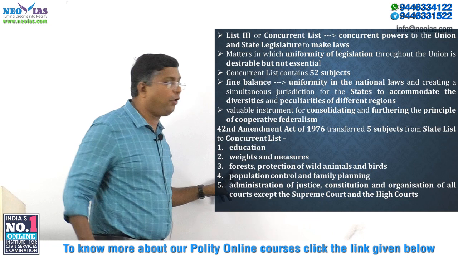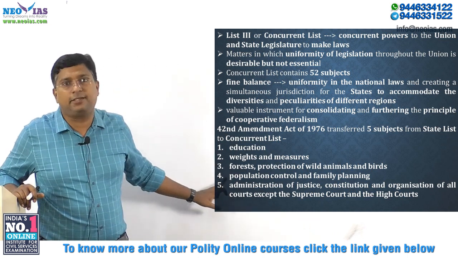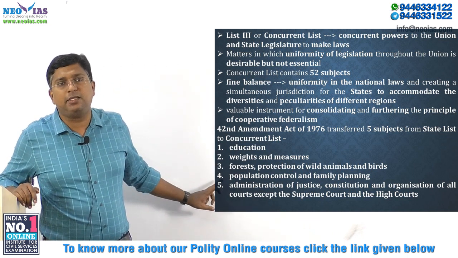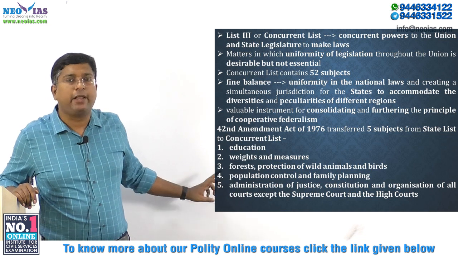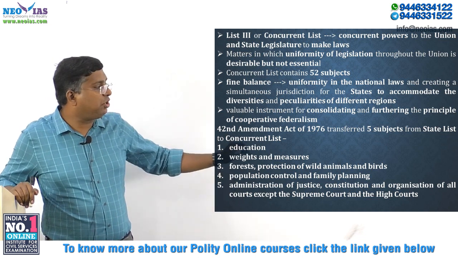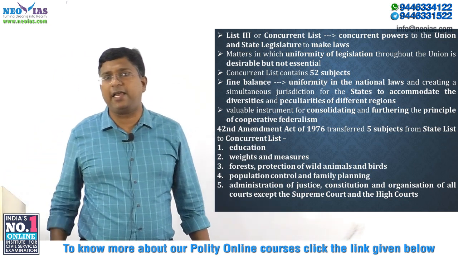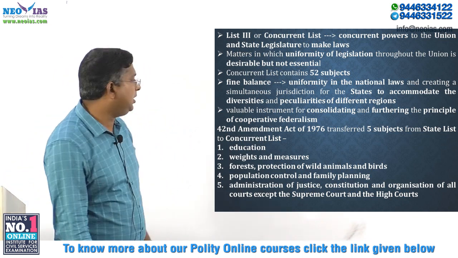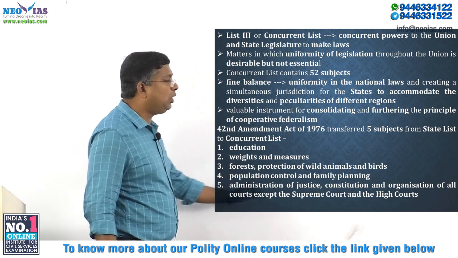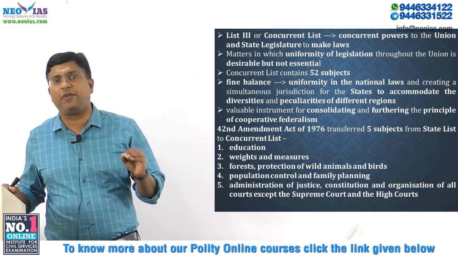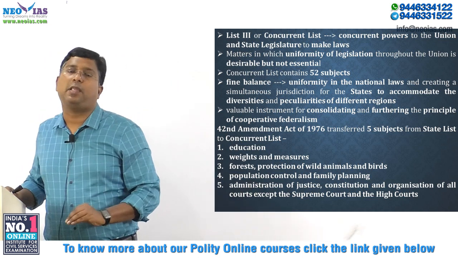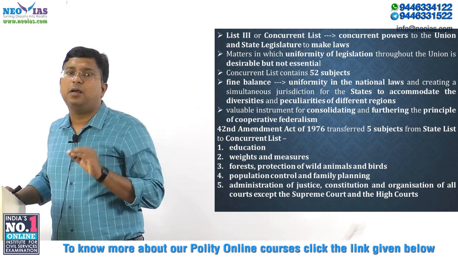And this is interesting: forest. Forest was earlier in the state list, now it is under the concurrent list. Similarly, protection of wild animals and birds is now under the concurrent list. Then population control and family planning, initially in the state list, now under the concurrent list.